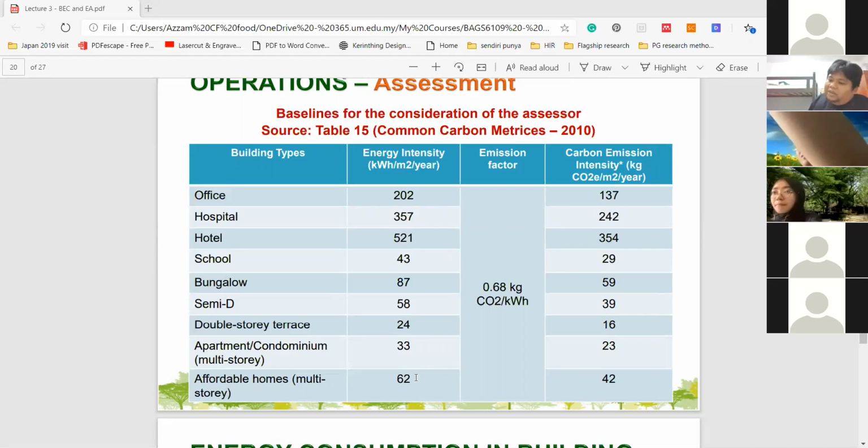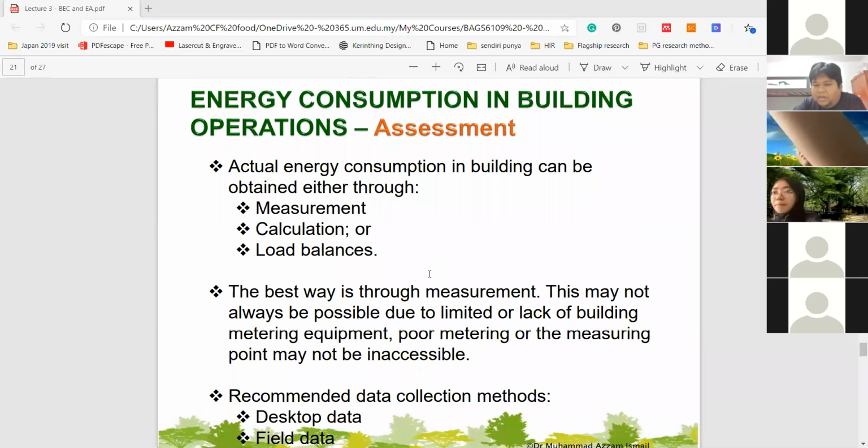So this baseline here is the baseline of fundamentals. You can base on this, and then go into the type of data collection method. You can measure, you can calculate, you can also do some load balances.